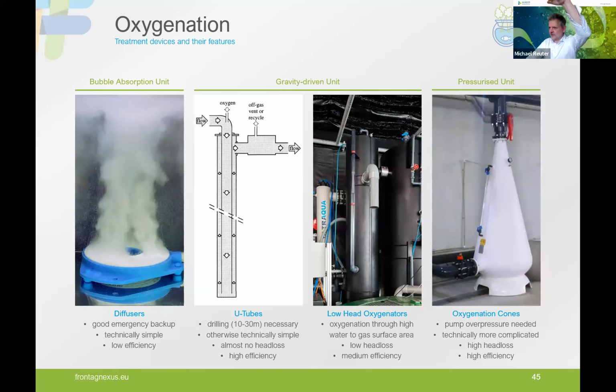And these 30 meters of depth add so much pressure to the water that the oxygen that is let in at the top of the U-tube, and that is going down with the water stream to this depth of 30 meters, usually dissolves to almost 100% inside of the process water body, which is very efficient. And as the water comes up again to almost the same height as before, the whole device, even though it goes 30 meters deep, has a very small head loss.